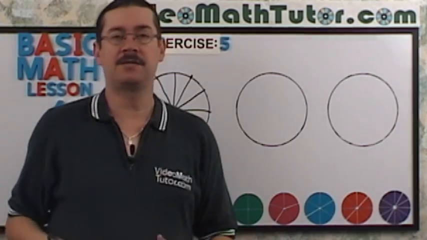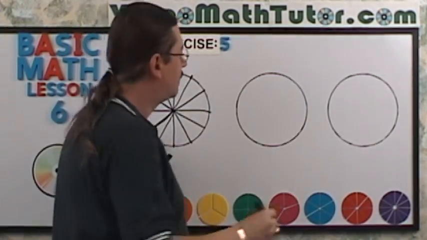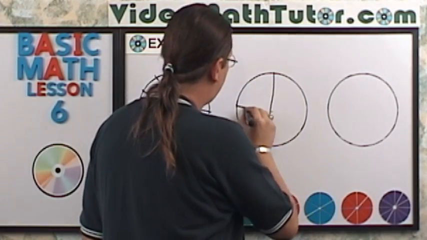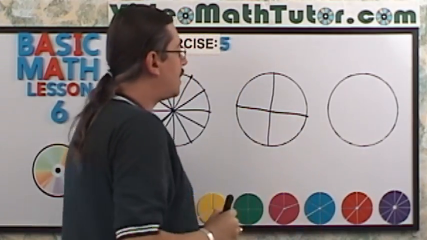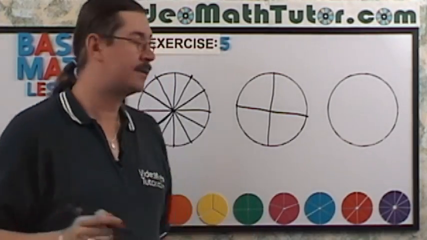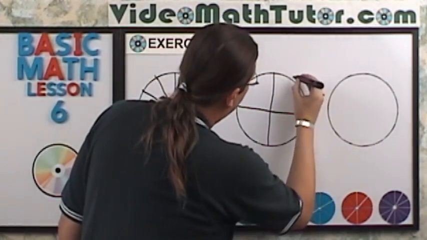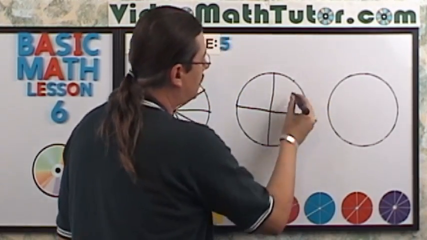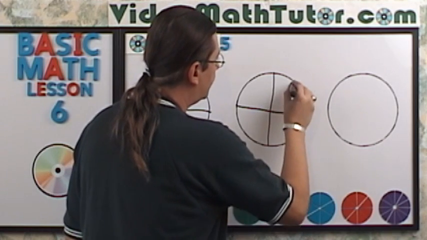Now another way of seeing this is, well, let's cut this in quarters first. So cut it in half, and then cut it in half this way. And then each one of the quarters we divide into 3 parts. So again, look at the arc and kind of eyeball that around right there. Notice how I do little tick marks first as a guide, and then I draw my line to the center.